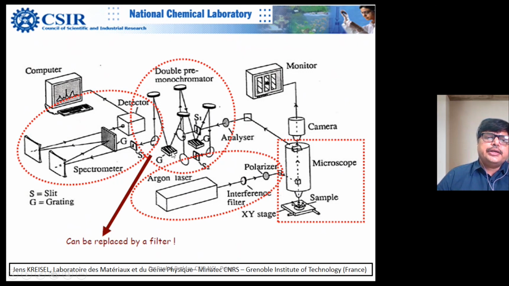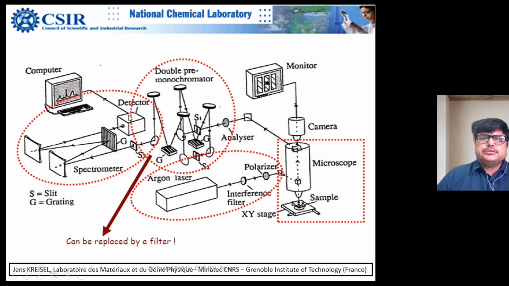Then the light enters the final spectrometer. So essentially this is not a triple monochromator in the strict sense; it is a single monochromator plus a double monochromator. That's why it is triple, 2 plus 1.